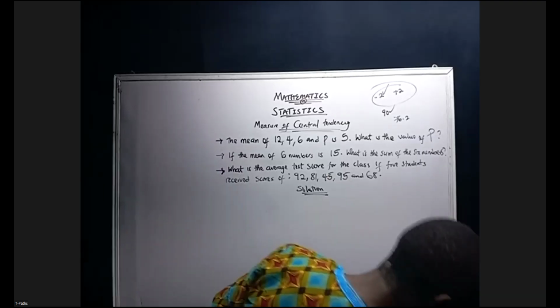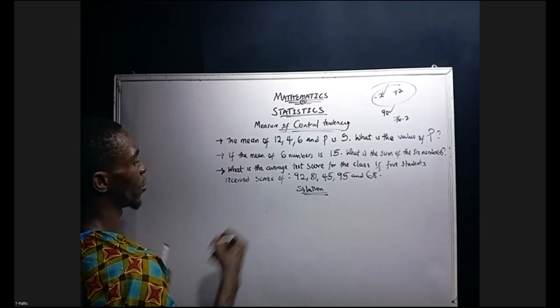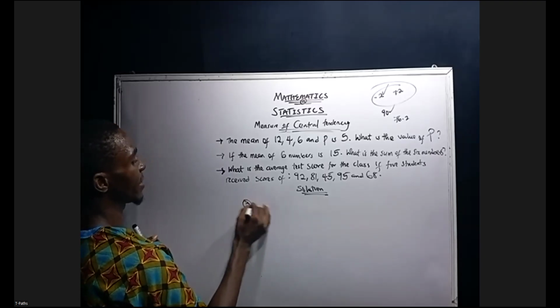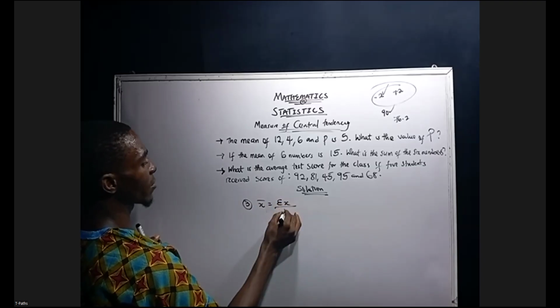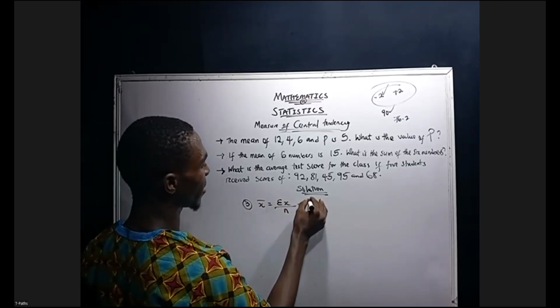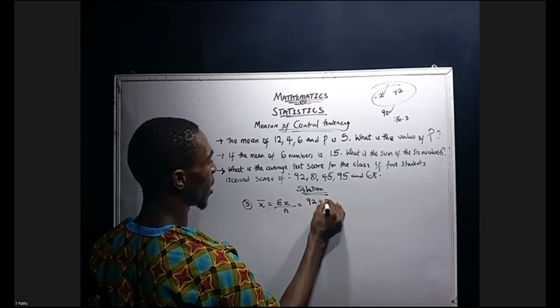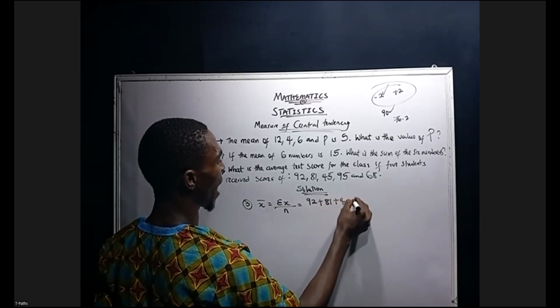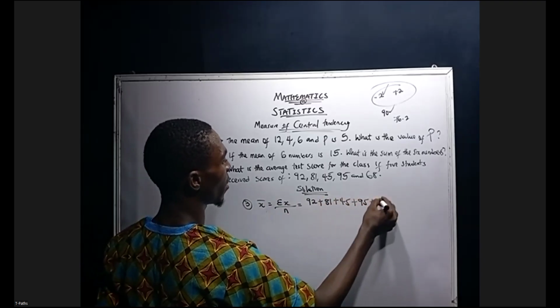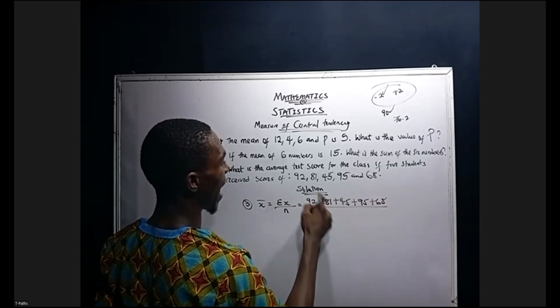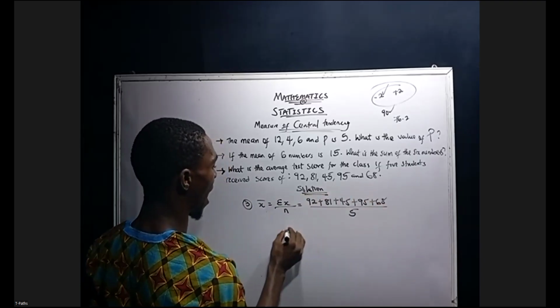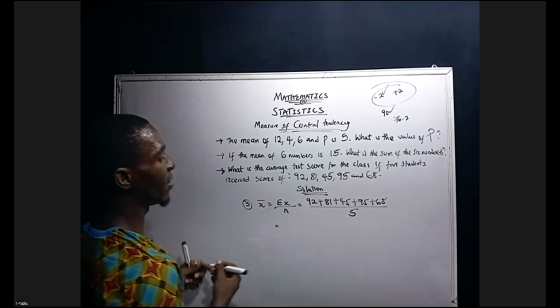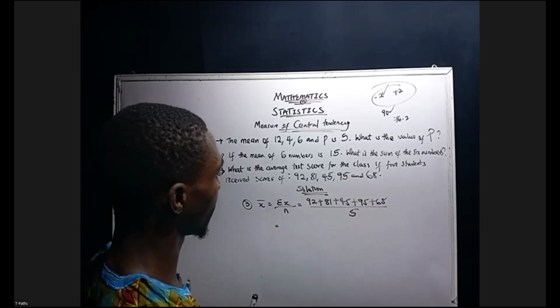The third solution is a direct approach. Question 3 says the mean is what we are looking for. Summation x over n. The summation is 92 plus 81 plus 45 plus 95 plus 68, divided by 5. Then when you add the above values together, what did you get?